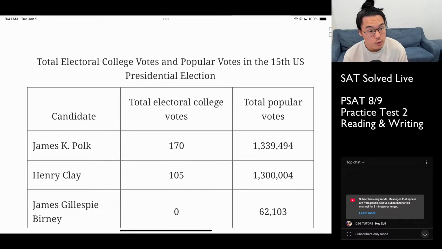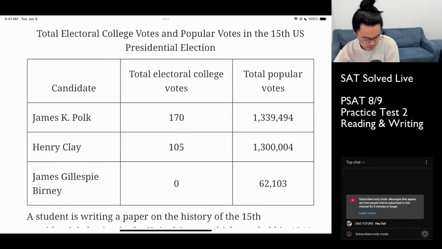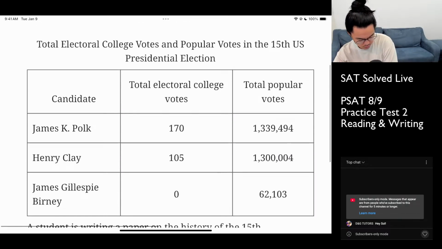All right, total electoral college votes and popular votes. Here we go. Electoral college, 170 with 100. Okay, yeah, what the? 15th election. Oh, I see. Okay.